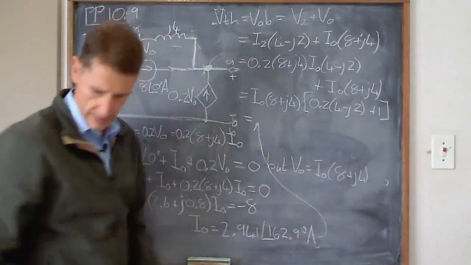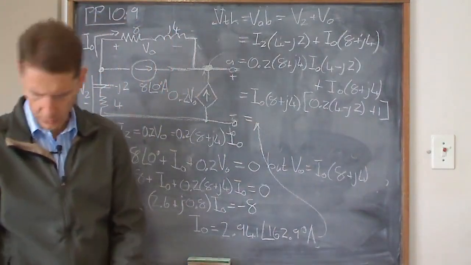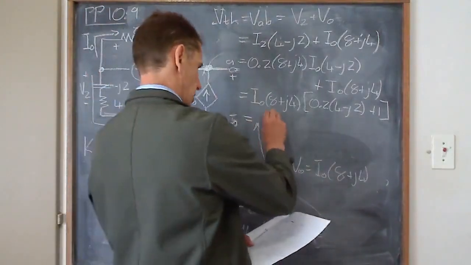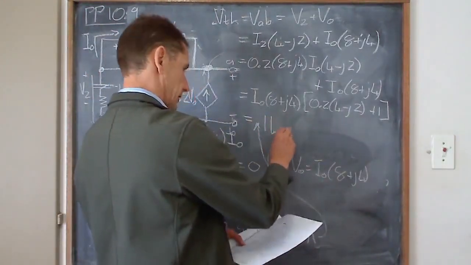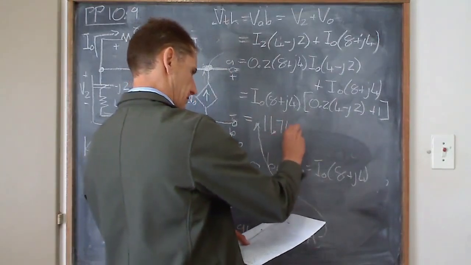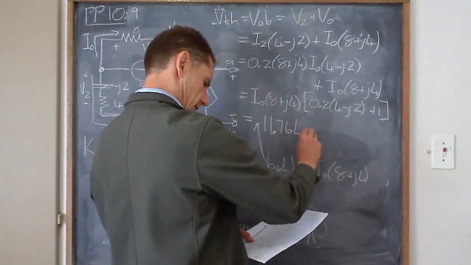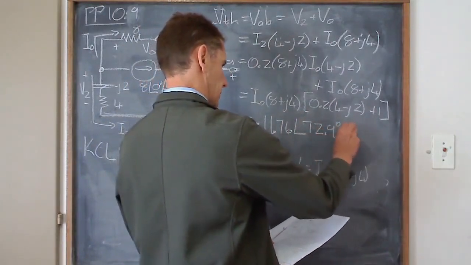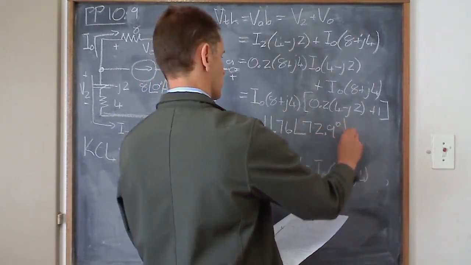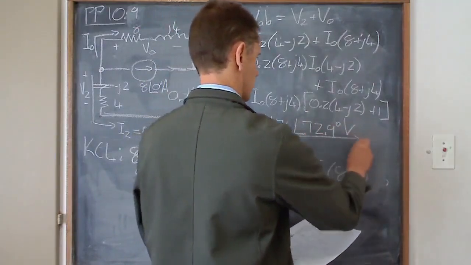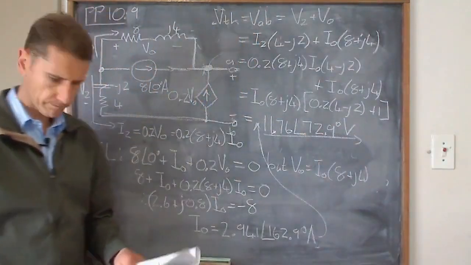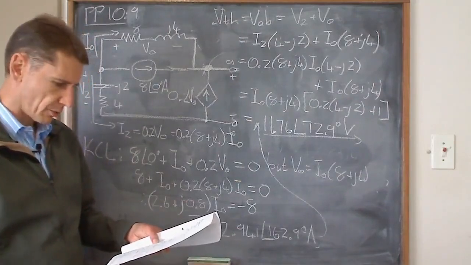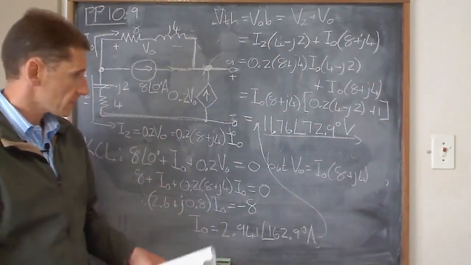And if you plug that in and then do all the number crunching, you will get a voltage of 11.76 angle 72.9 degrees volts. Right, there you go. 11.76 angle 72.9 degree volts.